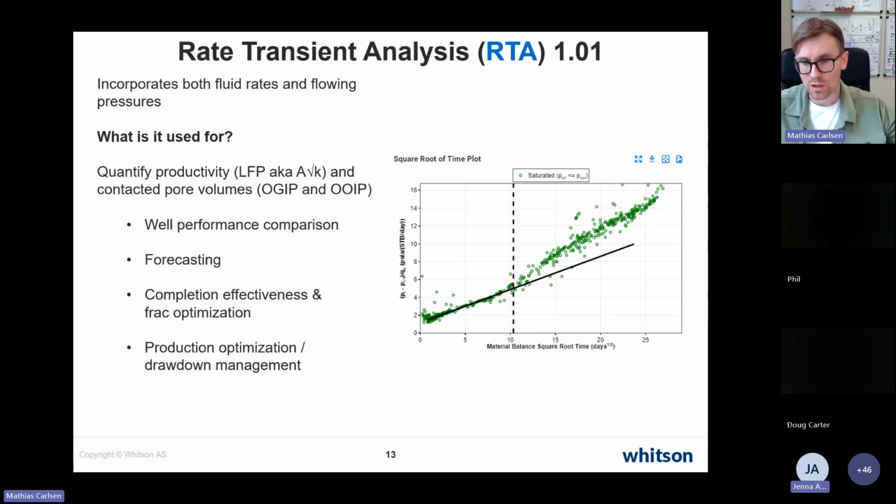We would like to use RTA to see whether the conservative drawdown strategy or the more aggressive drawdown strategy has actually any empirical impact when it comes to losing liquids, liquid dropout, for instance, for a gas condensate well, if it's more optimal to stay above saturation pressure for a longer period of time, etc.